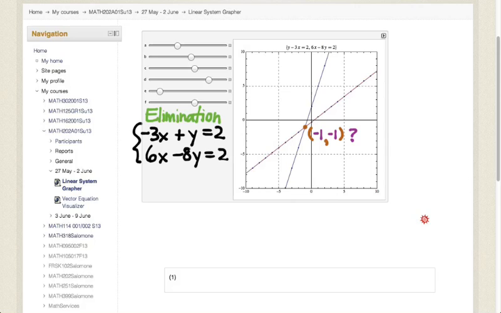If I solve for y on the top and then plug that in, yeah, that'll work. y equals 2 plus 3x, and then I would substitute 2 plus 3x into the second equation and go from there. That's fine, but that's not elimination. That's substitution. So if I wanted to do this from an elimination standpoint, in other words, add or subtract the equations together to eliminate one of the variables, what do I have to do in order to make that possible?